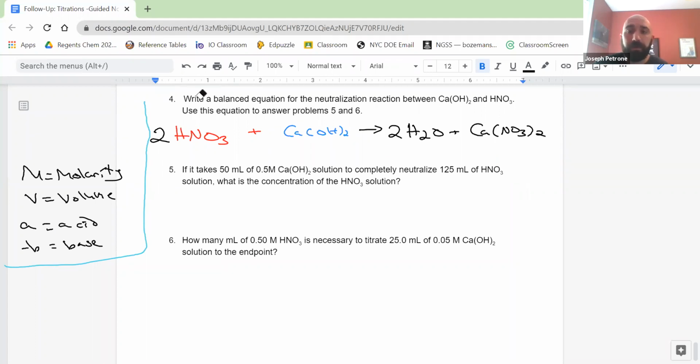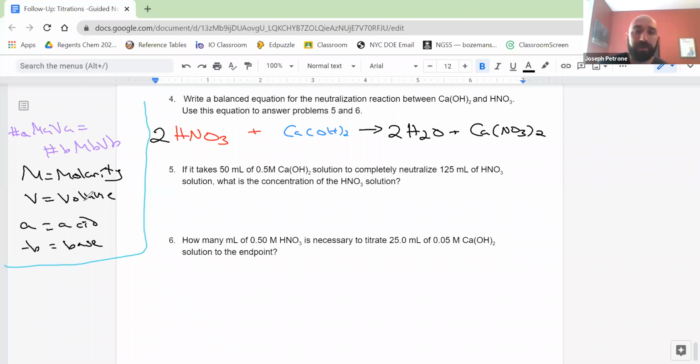We're still working with the same base formula, but instead of strictly MAVA equals MBVB, we are going to be using number of acid times MAVA equals number of base times MBVB. So this number here represents how many hydrogen ions or hydroxide ions there are.